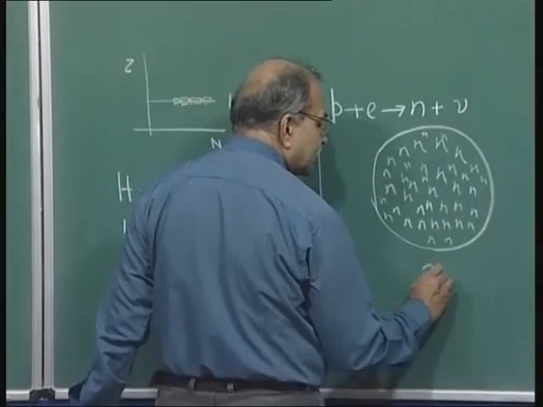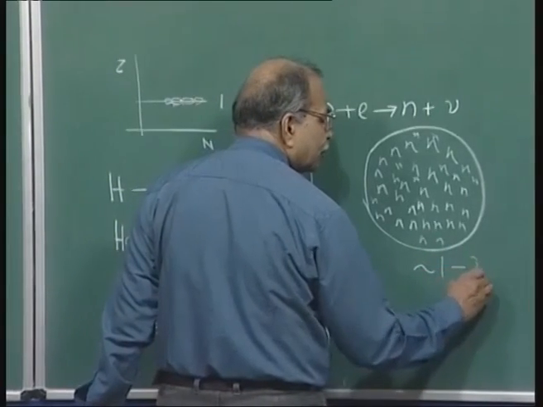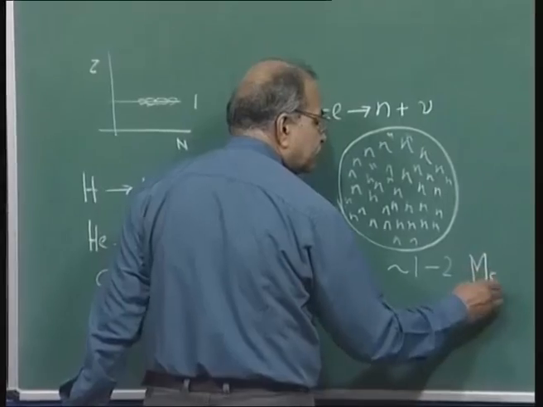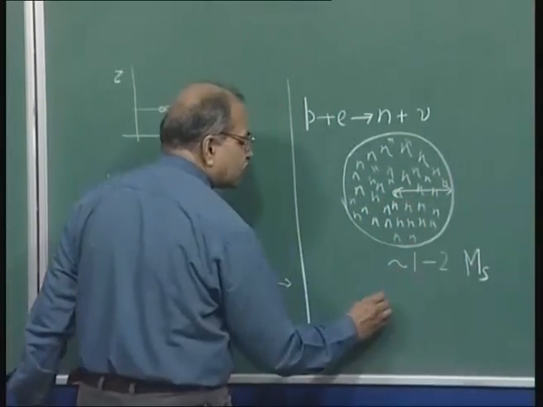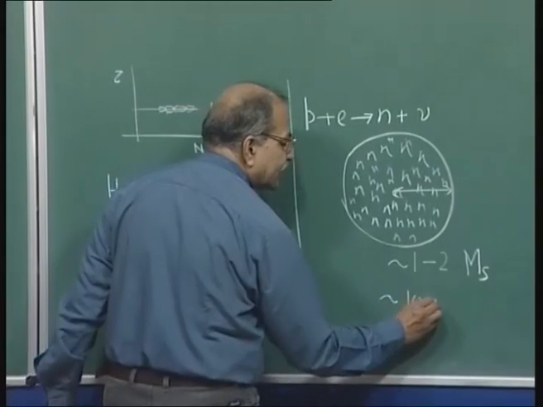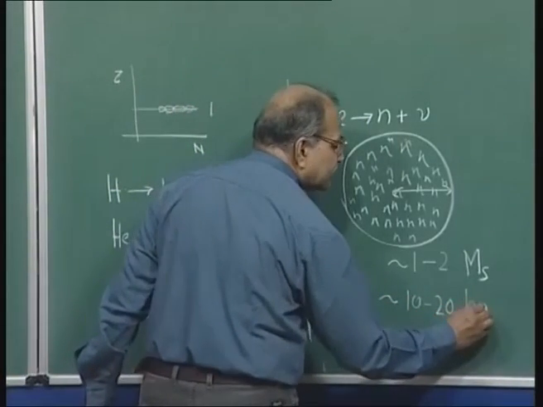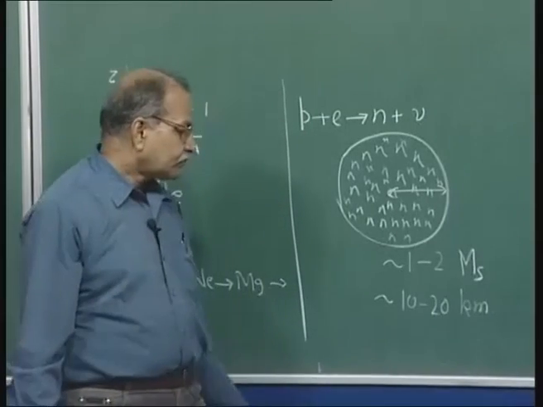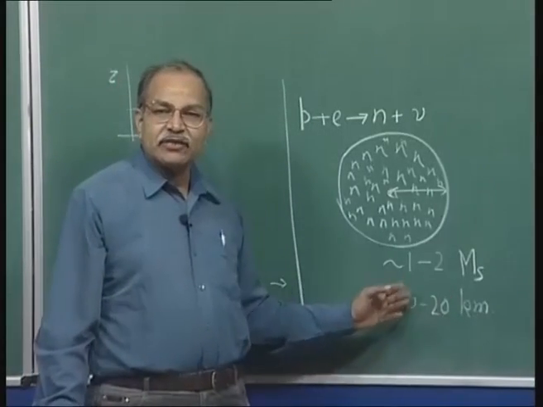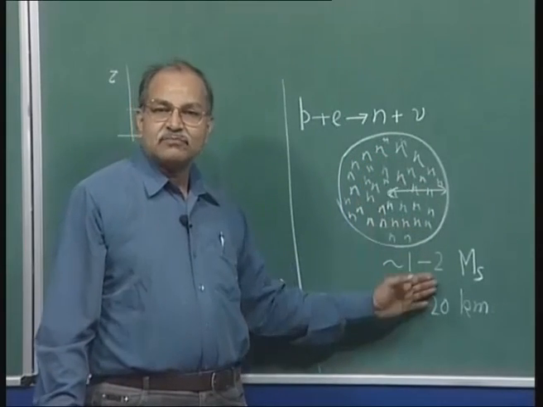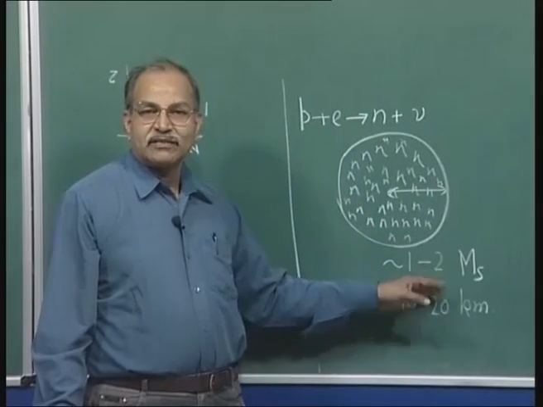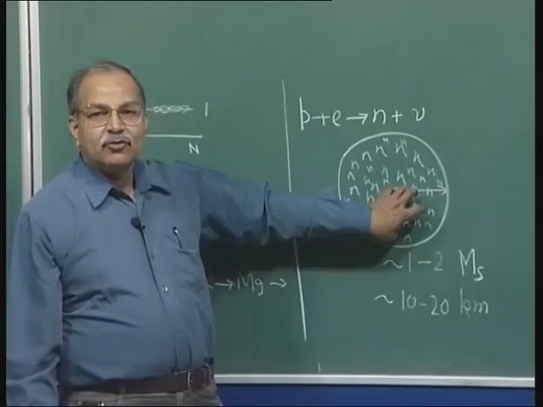So this could be 1 to 2 times the mass of the sun, and the radius could be a few tens of kilometers, say 10-20 kilometers, depending on which kind of star it is. So in about 10-20 kilometers of radius, the mass is much more than a solar mass, compacted.